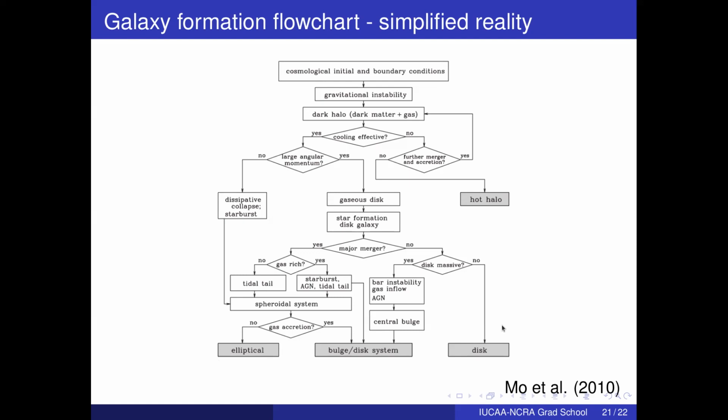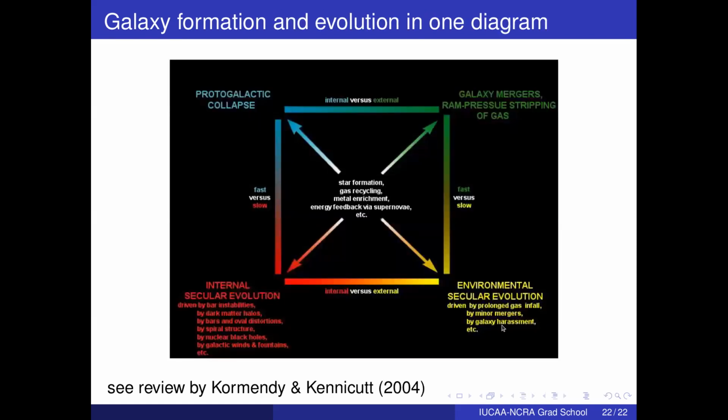So there are trends with the physical properties, but what seems to be important is fast versus slow processes, and whether the environment is important or not, whether interactions, mergers, harassment, etc., play an important role or not. If they do, then you get one class of objects. If they don't, you get another class of objects.